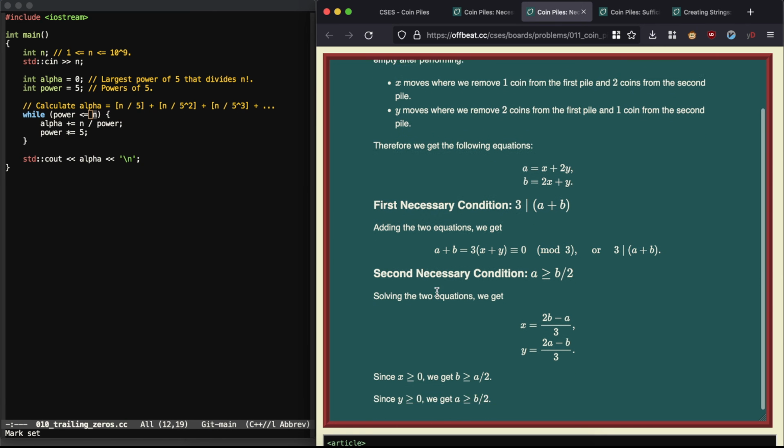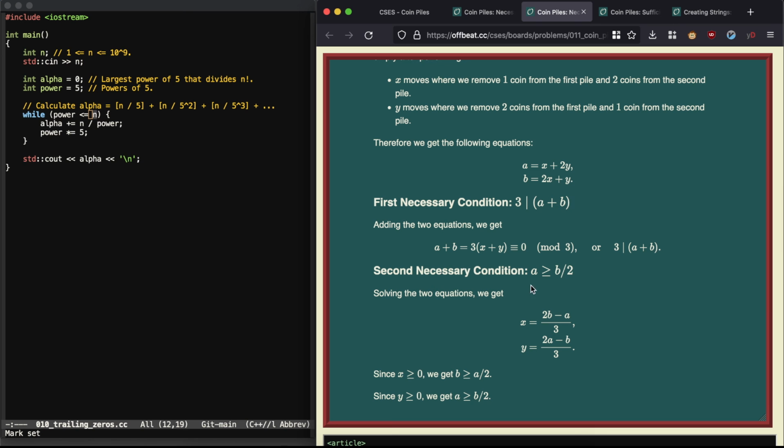Second necessary condition, where we have seen that a has to be greater than or equal to b by 2, or another way of saying it is that b should not exceed double of a, that is b is less than or equal to 2a. So solving the two equations, we find what x and y are. It turns out to be like this.